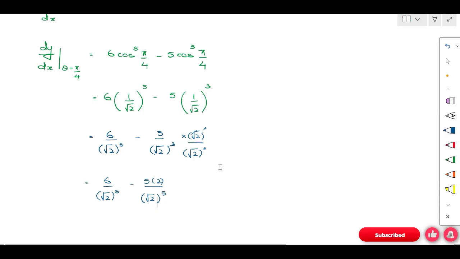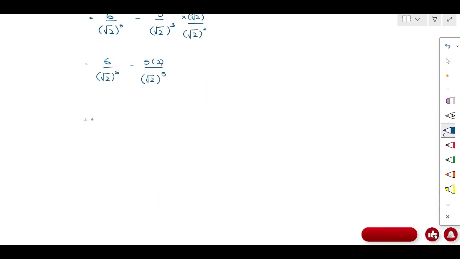Okay, now the bases are the same, we can just add the powers, which simplifies the numerators, which is square root of 2, its whole power is 5, and here we have 6, and 2 times 5 is 10. So this is negative 4 divided by root 2, its whole power is 5. We can write down negative 4 as 2 power 2, and here 2 power is 5 by 2.